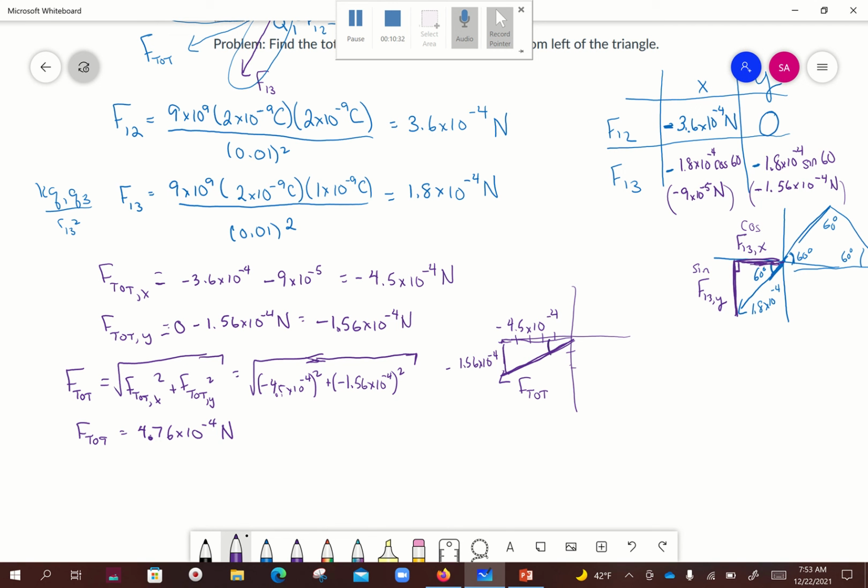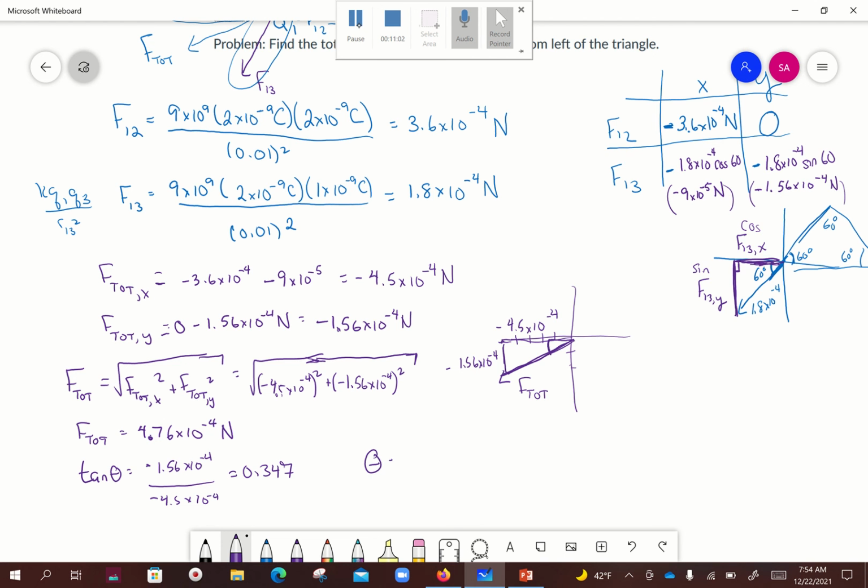So to find the angle, what we do is we take the tangent. So tangent is x over y, sorry, is y over x, sorry. So tan theta is opposite over adjacent, so minus 1.56 times 10 to the minus 4 over minus 4.5 times 10 to the minus 4, which gives us 0.347.